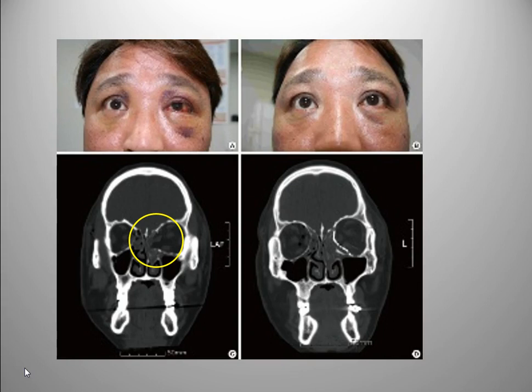So this guy here, he's all better now, but you can see in his pre-picture where the damage is on the medial aspect of the eye, and then you can see where he's all healed up where they did surgery. He's still a little puffy there on the right side, but he looks a lot better.